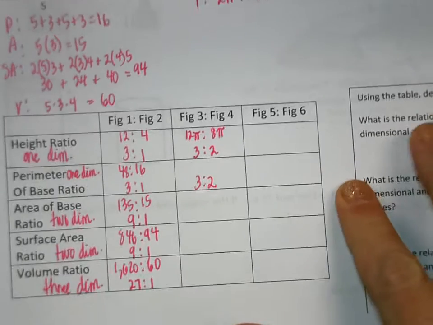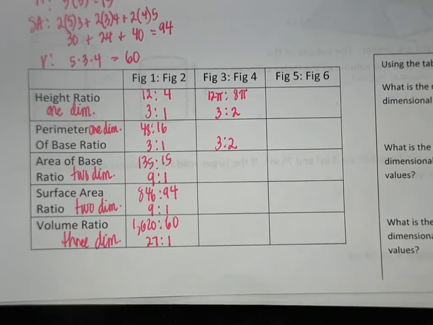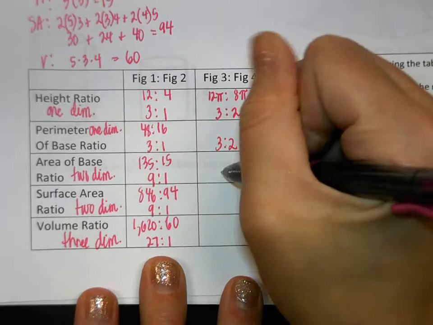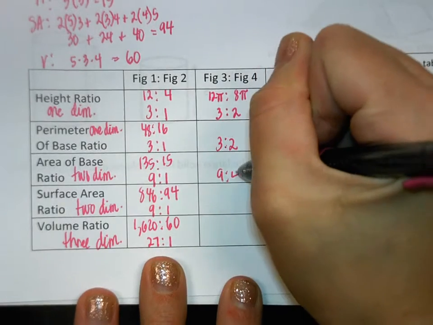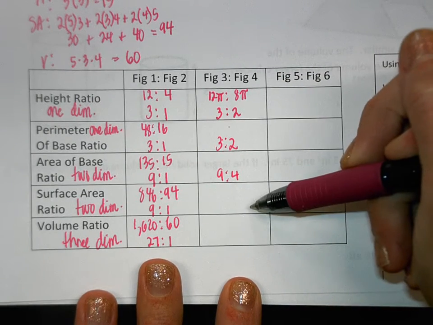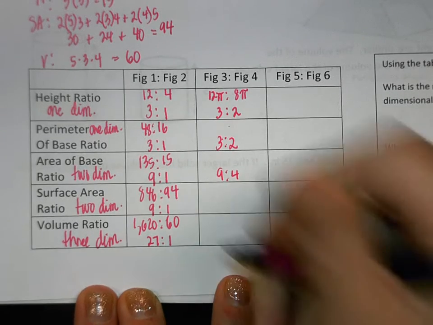So based on what we know, what do you think the area will be? 9 to 4. We are squaring them. 3 squared is 9. 2 squared is 4. Surface area, what would those ratios be? 9 to 4.